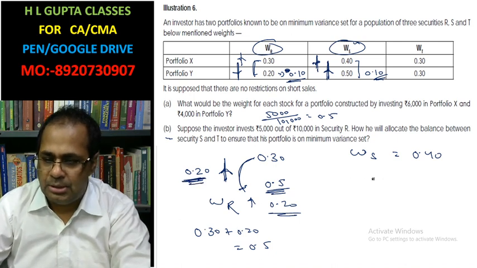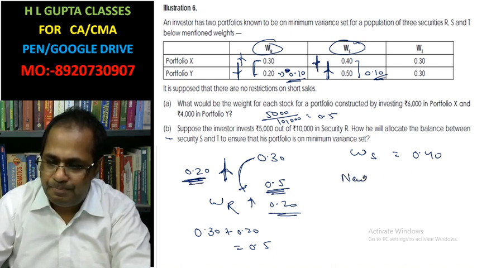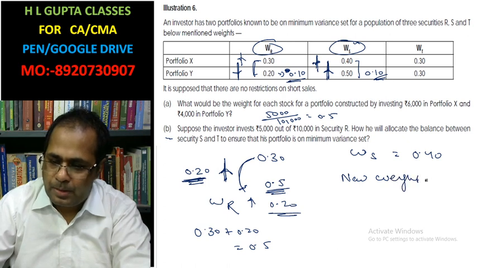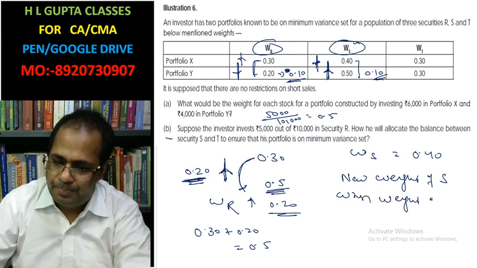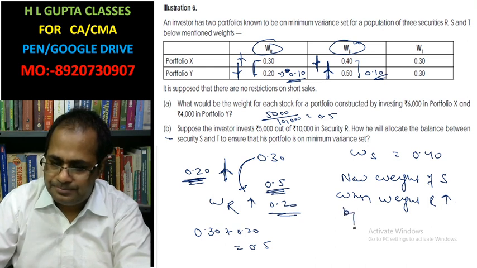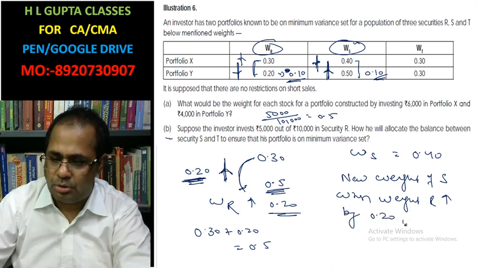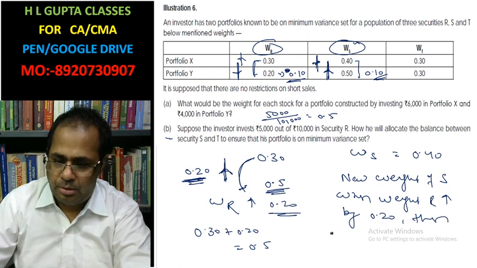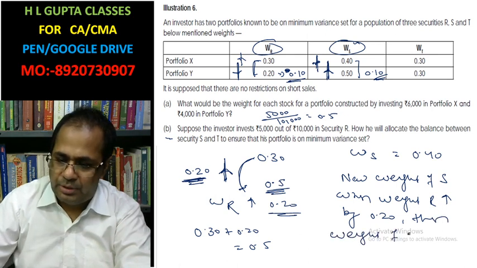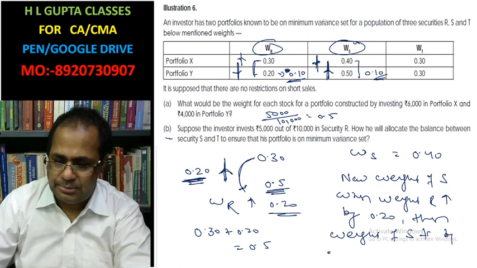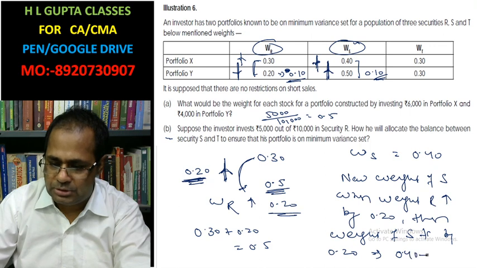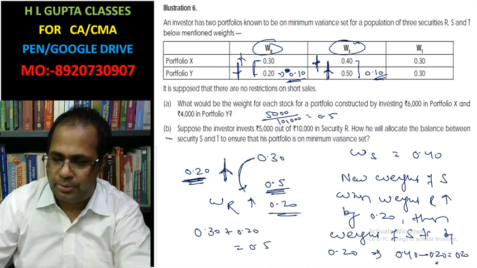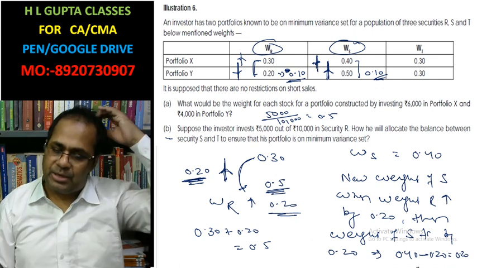So when weight of R increases by 0.20, then weight of S decreases by the same amount: 0.40 minus 0.20 is 0.20, that we had calculated here.